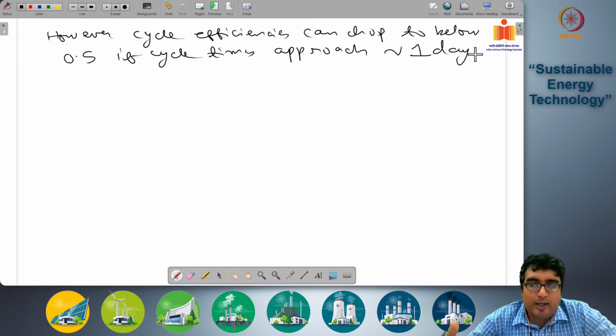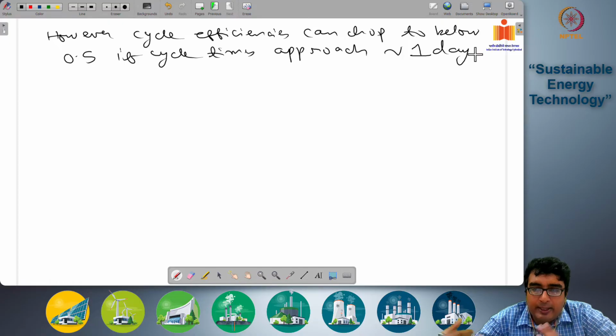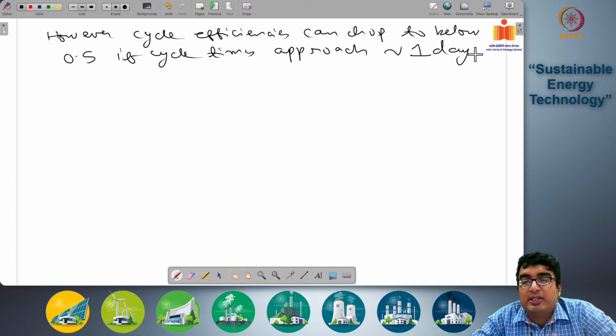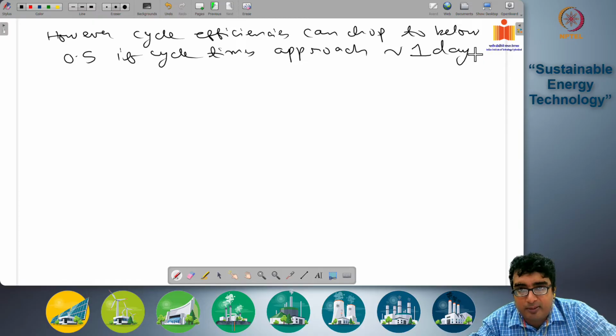So this is basically what we are speaking of, low self-discharge times. If you are cycling, that is the time between absorbing power and transmitting that power back is approaching 1 day, then your cycle efficiencies can drop below 50% because you are going to the self-discharge time limits for such a system. Okay.